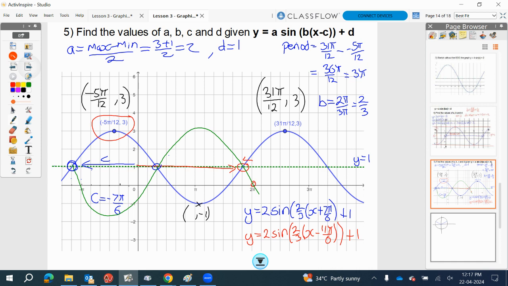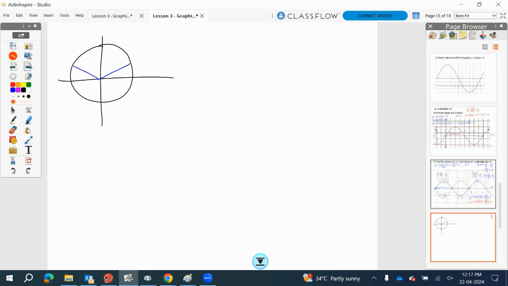Now, from the unit circle, if I'm solving for this point here, the maximum, or this point here, how many solutions do I get? If I'm solving for the maximum, I only get 1 solution. If you're solving for the minimum, you only get 1 solution.